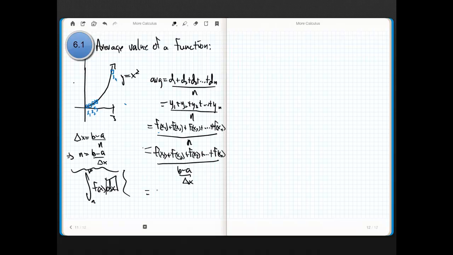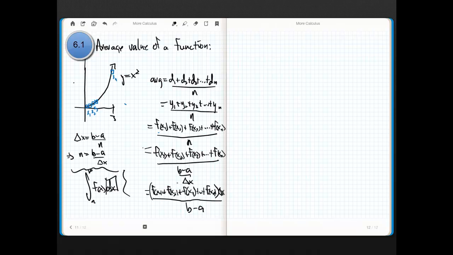So this guy ends up being f of x sub 1 plus f of x sub 2 plus f of x sub 3 plus dot, dot, dot, plus f of x sub n, the whole thing, remember when I divide by fractions, I invert and multiply, or I reciprocate and multiply, divided by b minus a. Right? That's what the average value is.